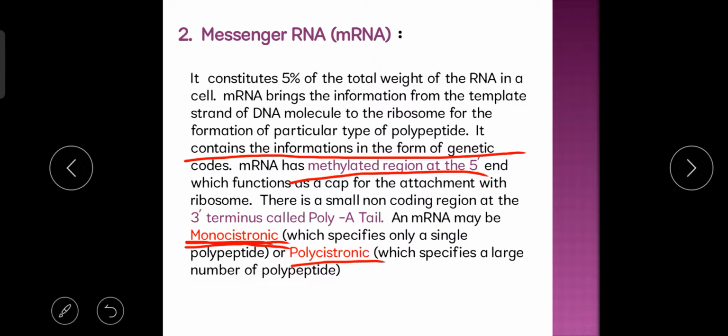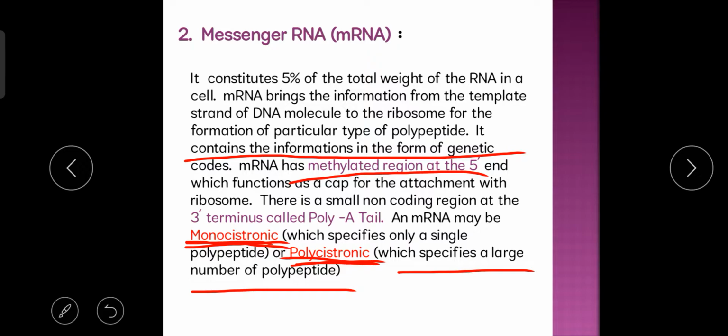When different types of or a large number of polypeptides are formed from the mRNA strand, then that type of mRNA strand is called the polycistronic mRNA. Remember, when only a single type of polypeptide is formed from the messenger RNA, then this type of messenger RNA is called monocistronic.